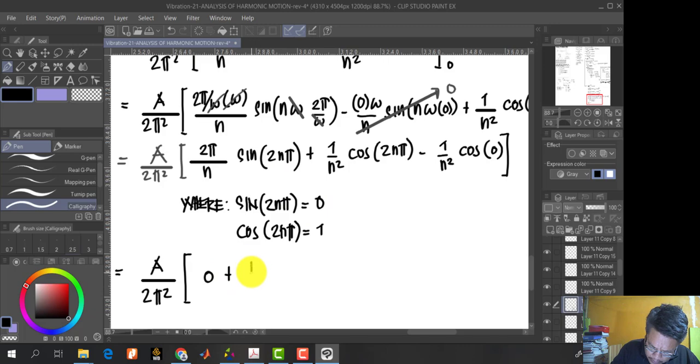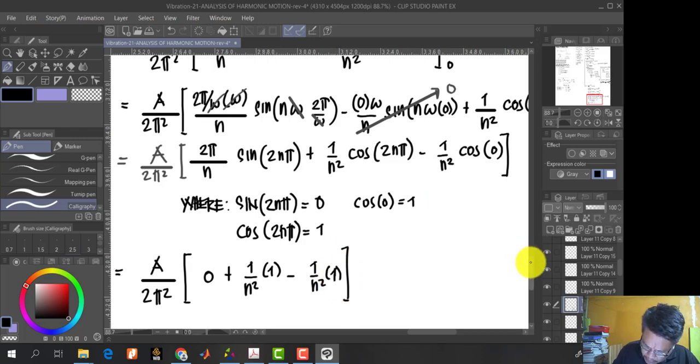And this is left as 1 over your n squared, since cosine of 2n pi is 1, and minus 1 over n squared, and cosine of 0 is equal to 1. So this is multiplied by 1, close parenthesis.